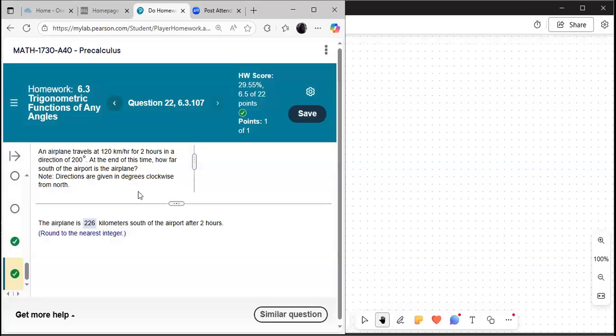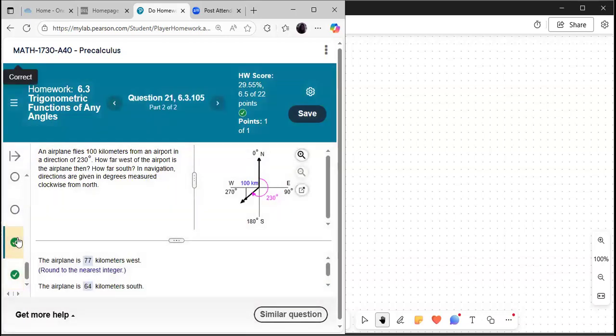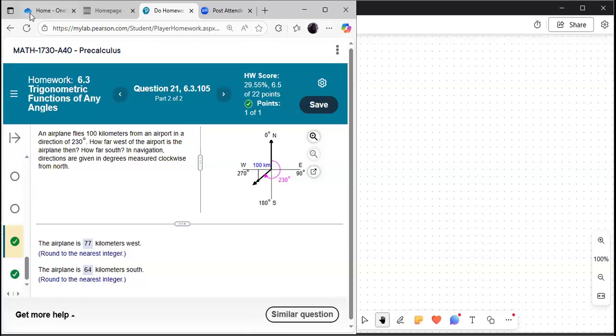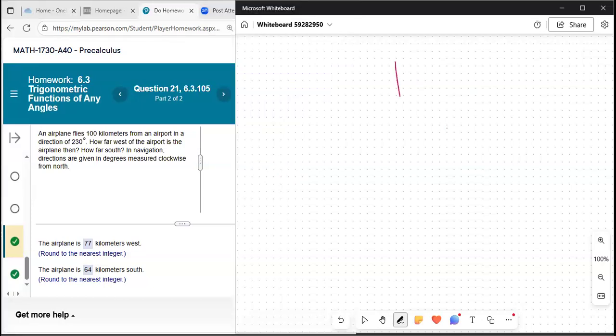Oh, here's another one. Here's another one where we can actually sketch it out ourselves. Okay, I don't mind. All right, let's do number 21, because I'm looking at the sketch and I don't know if it's really clear to you, so I'm going to go ahead and do that.